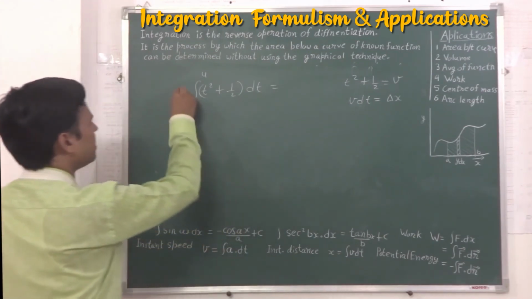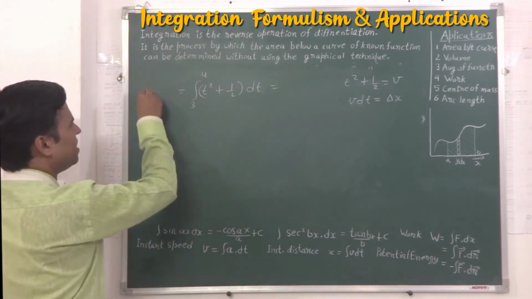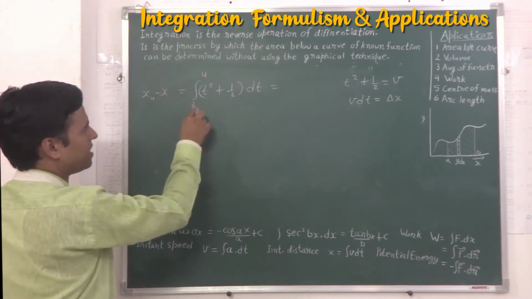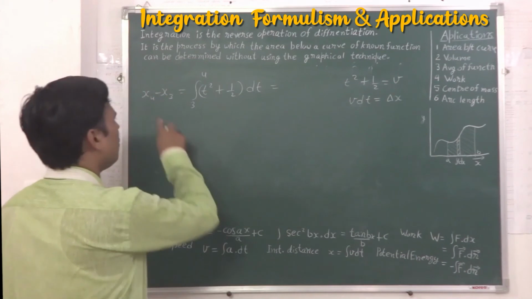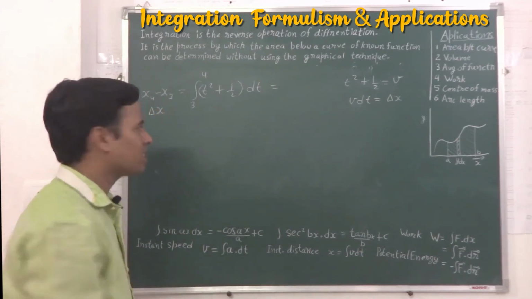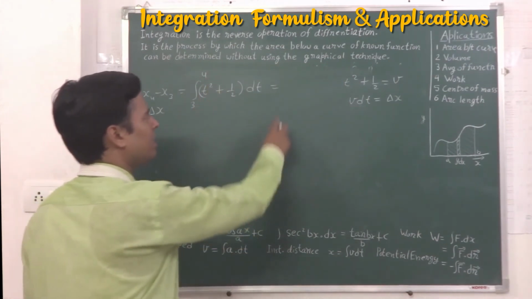Now dear students, we can write here x at time 4, that is x4, minus x at time 3, that is x3, or you can also write it as delta of x between 3 seconds to 4 seconds.